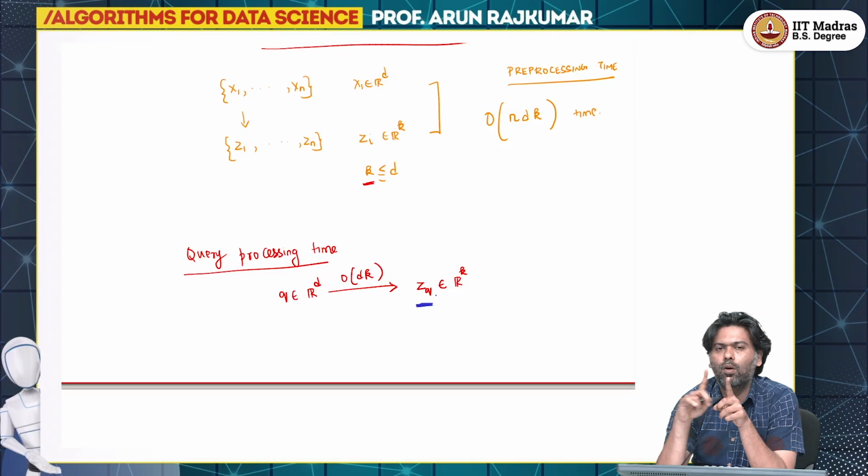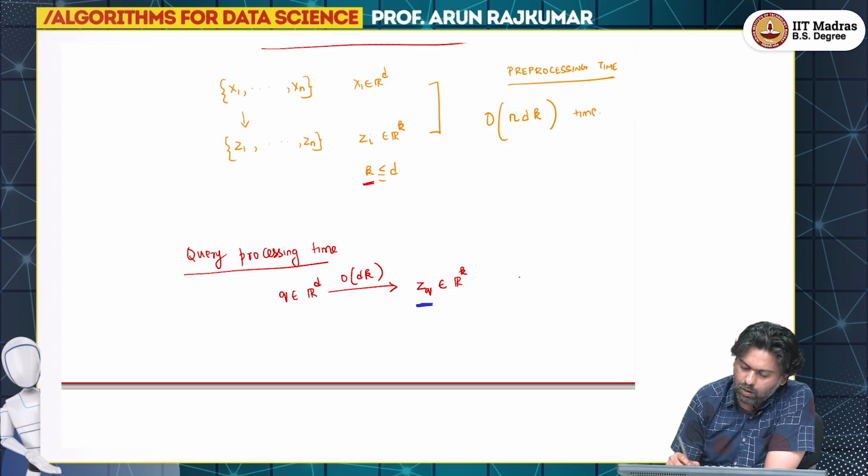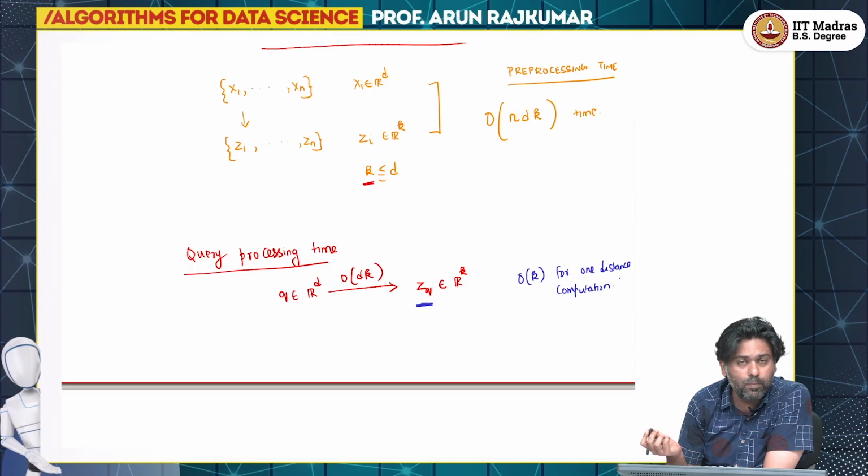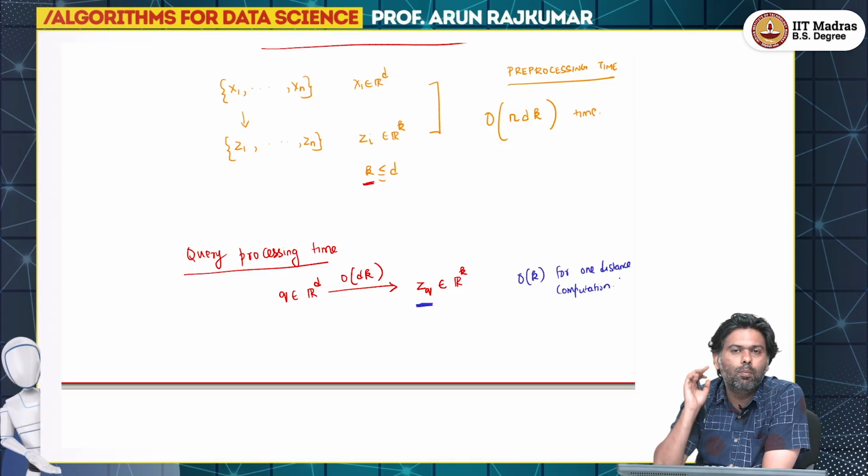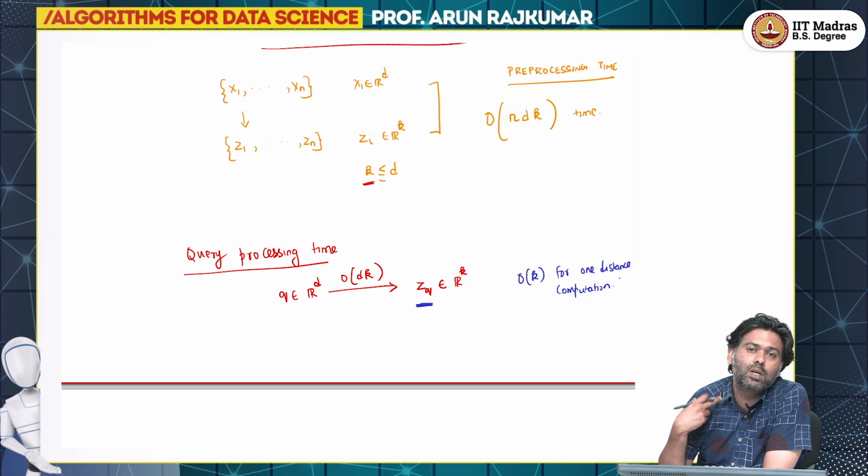I'm going to look at all the k components, subtract them, square them, and observe all that in order. So it's going to be order of k for one distance computation, which is cheap. But the question is, how many such distance computations are we allowed to do?